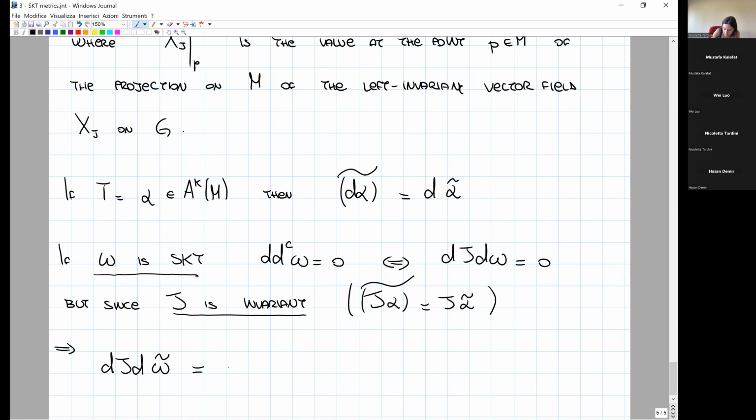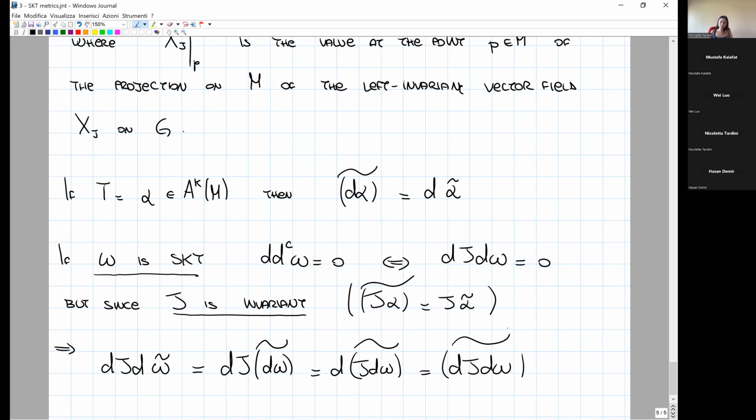So it's like having dJ of omega tilde, and finally this is like having dJd omega tilde. But now dJd omega was 0. So you see omega tilde is SKT.